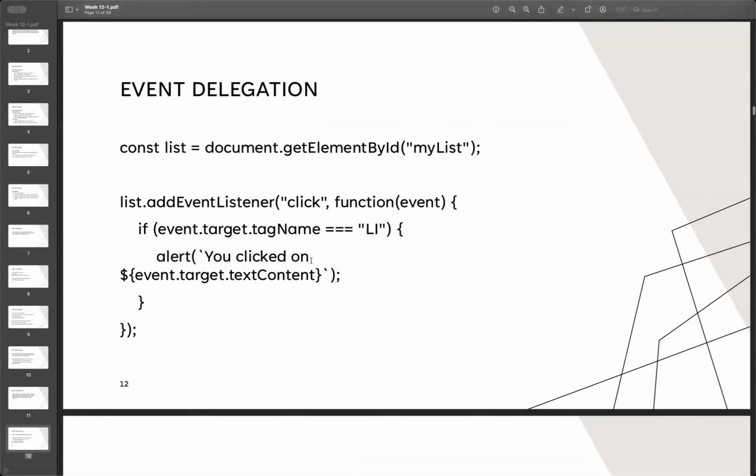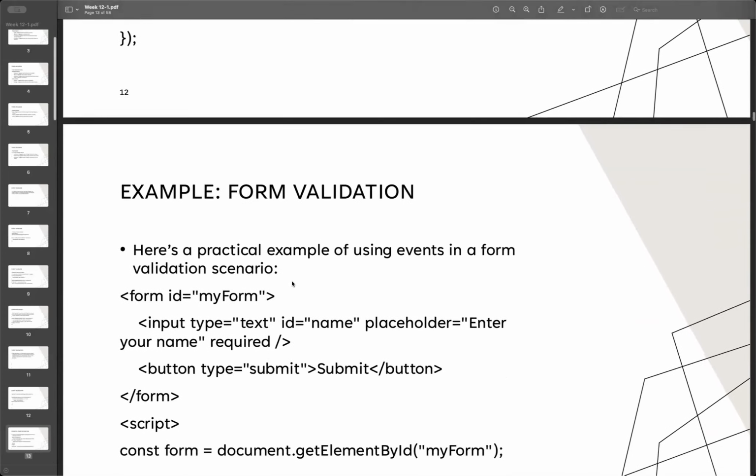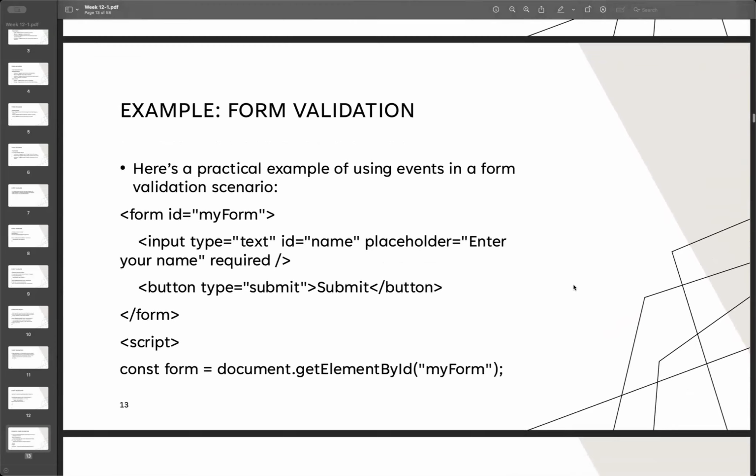So we can create it by the list, everything, all the tags. If you remember, this one is the list, right? So all the list items with the li. Then when you click on it, we can try to get the text content. So we don't have to implement one by one. So it's the advantage.